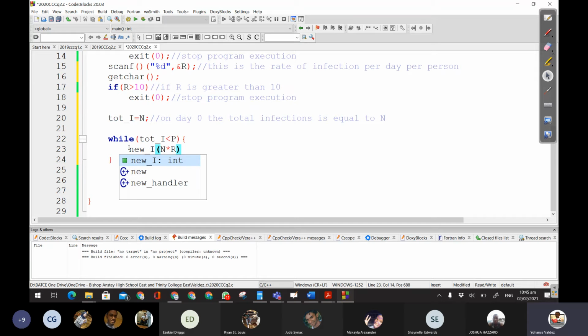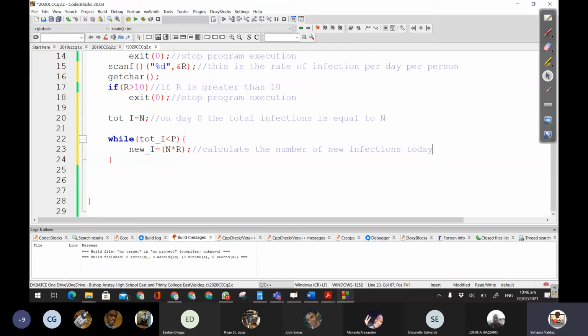new_I is equal to n multiplied by r. So we could say, calculate the number of new infections today.